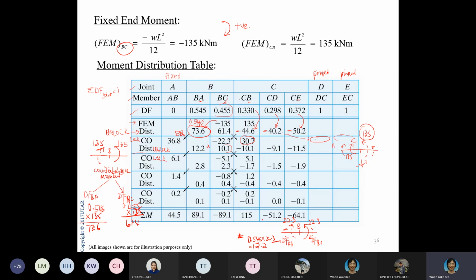If you want to work to 1 or 2 decimal places, sometimes I will write it in the question, so please read the question carefully. Once we have done that, we have established all the internal moments at each joint.